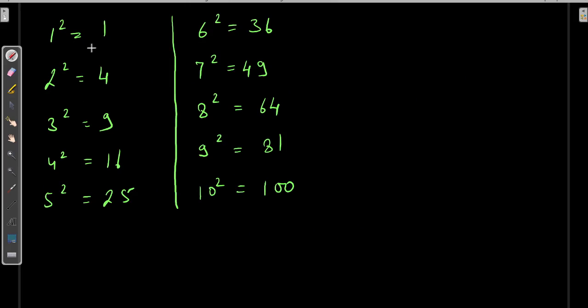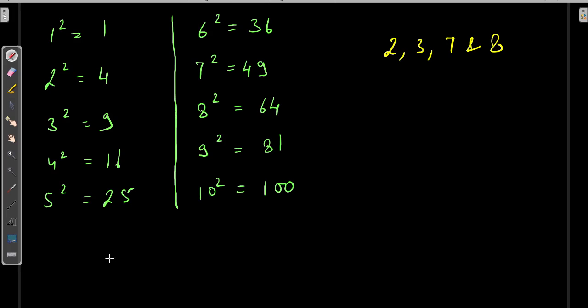If you see the unit digit of every square number, 1, 4, 9, 6, 5, 6, 9, 4, 1, 0, here 4 numbers are missing from this list, that is 2, 3, 7 and 8. So remember the first property of the square number: if any square number has unit digit 2, 3, 7 or 8, then it is not a perfect square.